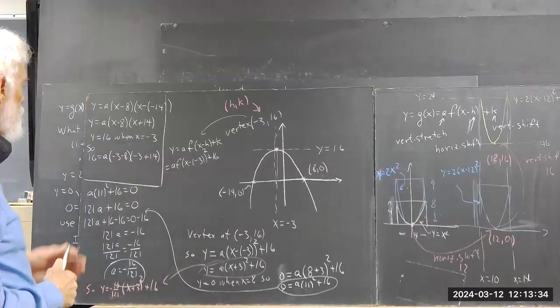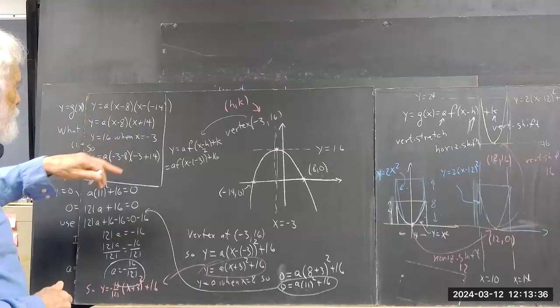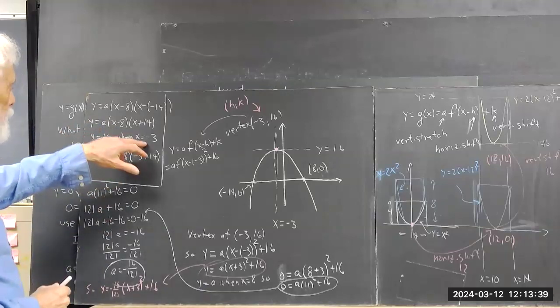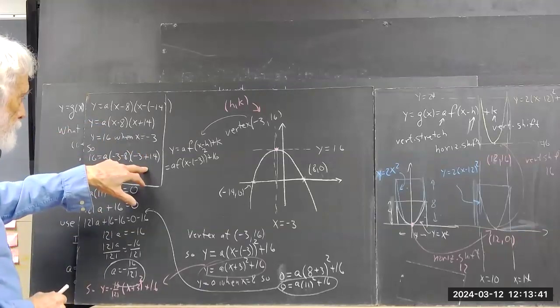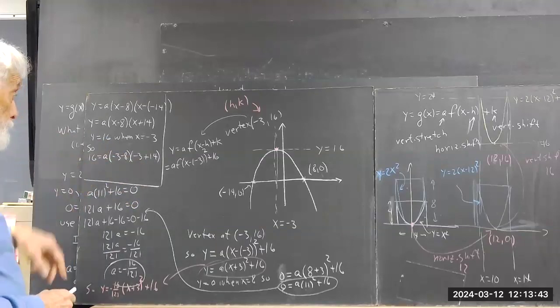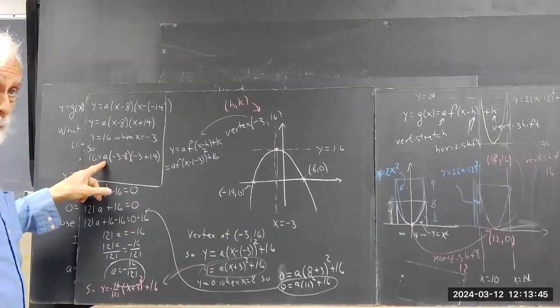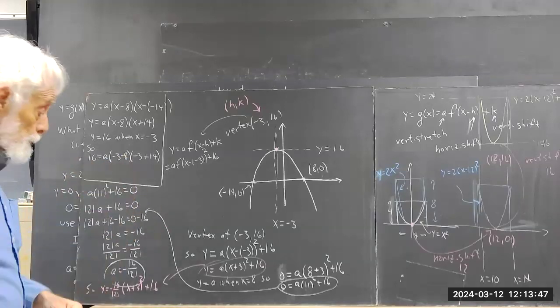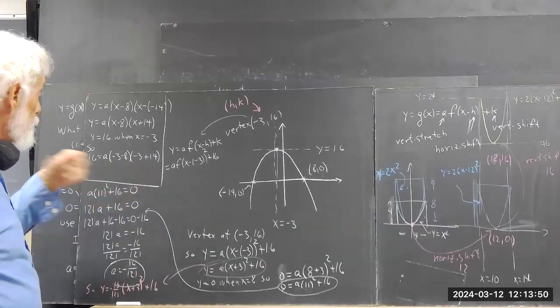So I plug in negative 3 for x and 16 for y, and I can solve for a. So do that, see what you get. See if you can solve this for a.